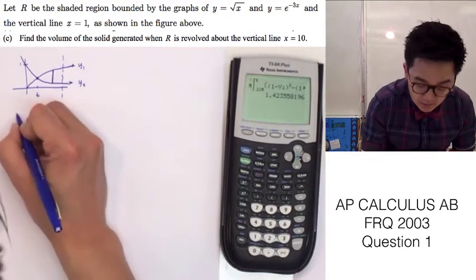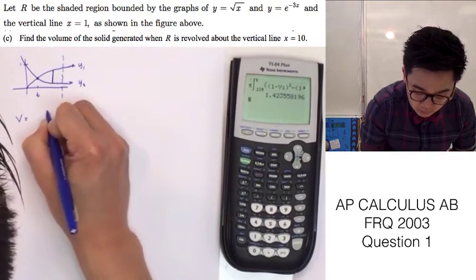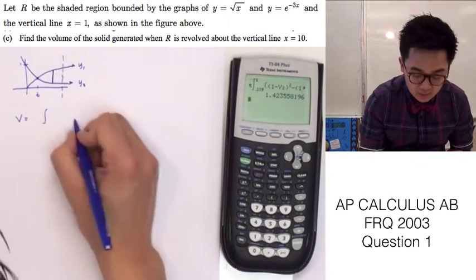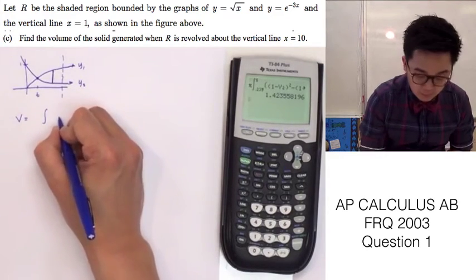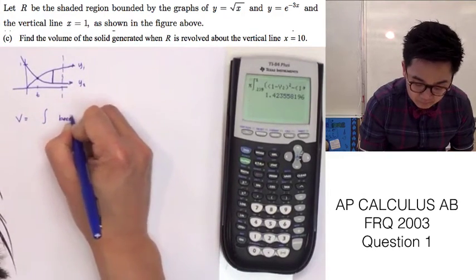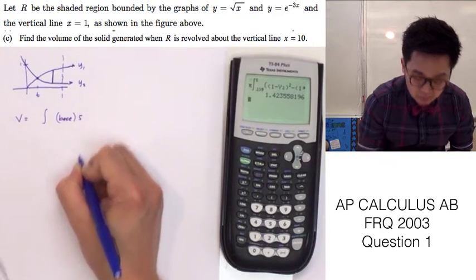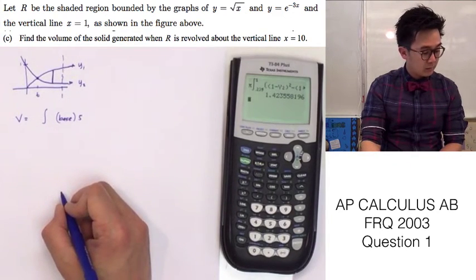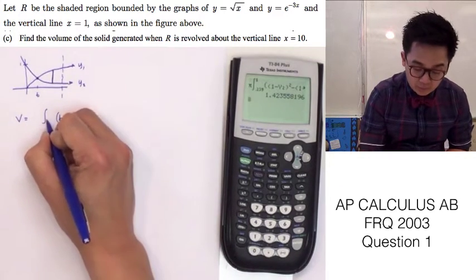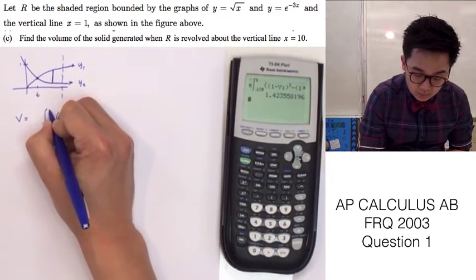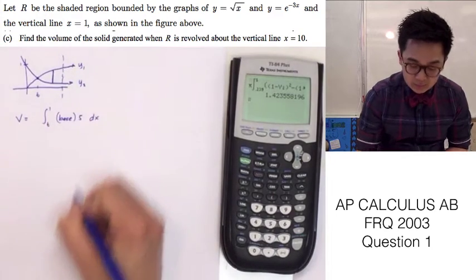So we're going to have the volume of this solid whose height is 5 times the base, and it's evaluated from t to 1 dx.